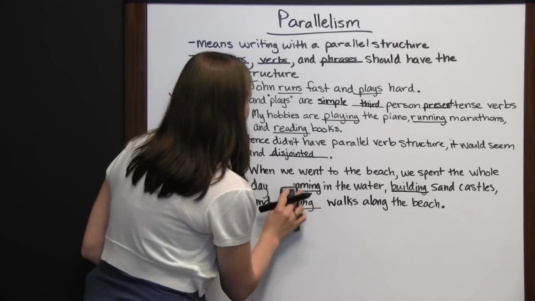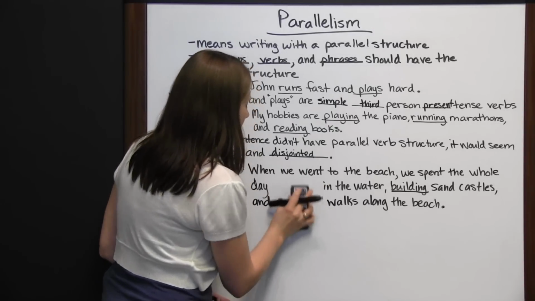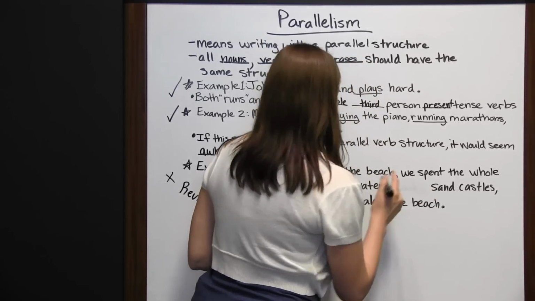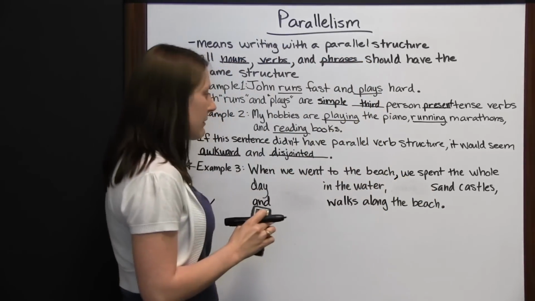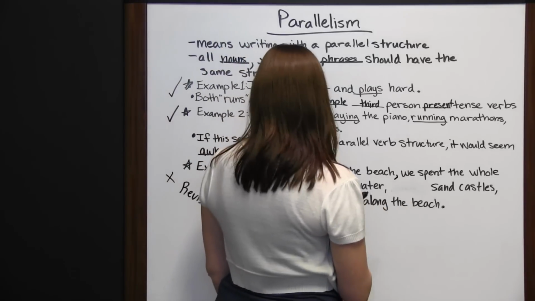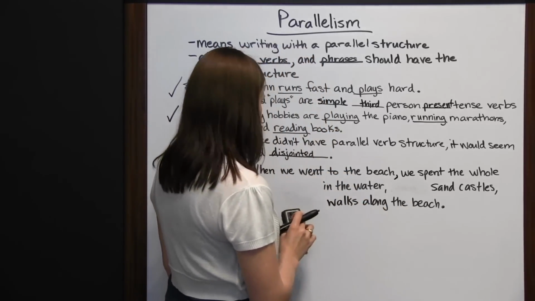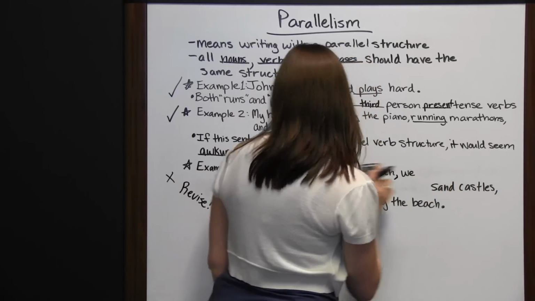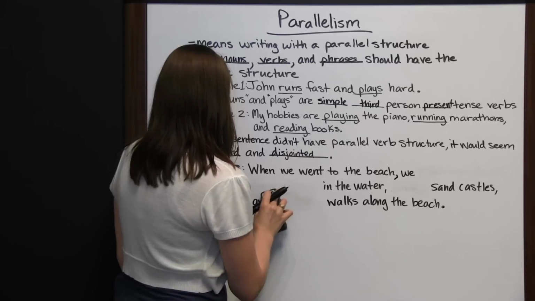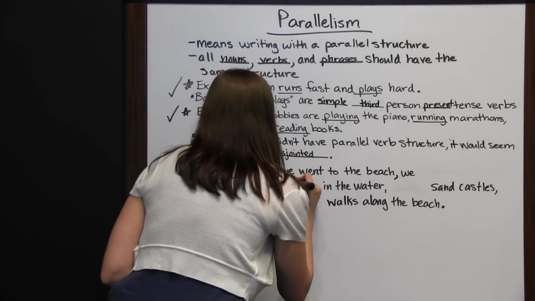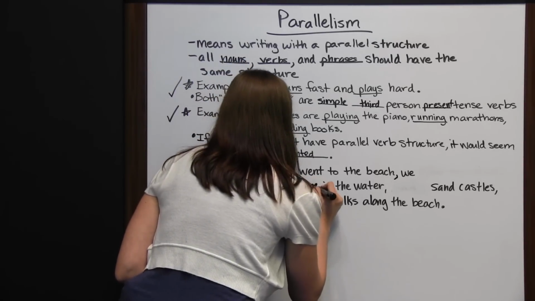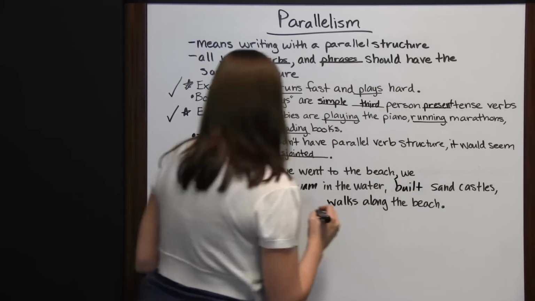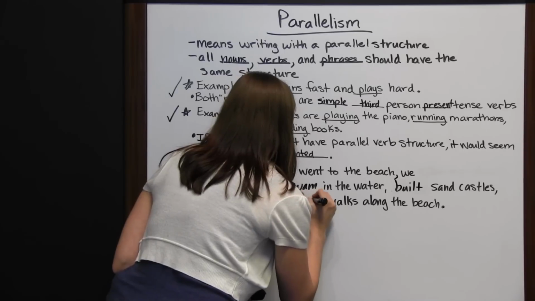So if we took them all out and we came up with a different way, we could say, when we went to the beach, we're going to take out even more of it to make this one make sense. When we went to the beach, we swam in the water, built sandcastles, and took walks along the beach.